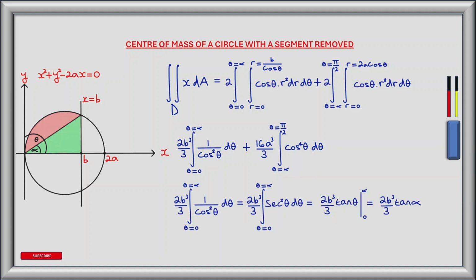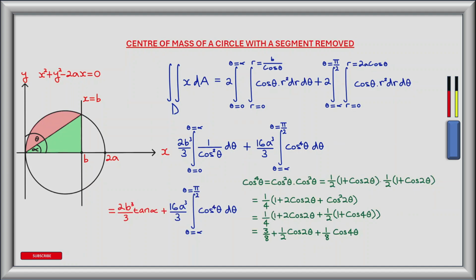Starting with the first integral, we can replace 1 divided by cos squared theta with the trig identity secant squared theta. The antiderivative of secant squared theta is tan theta. So evaluating this between the limits of alpha and 0, we get 2b cubed divided by 3 multiplied by tan alpha.